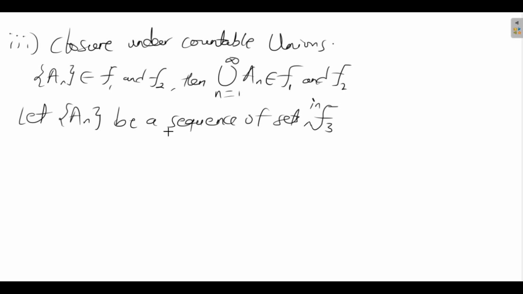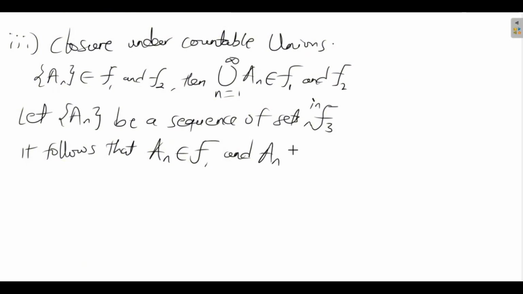Now, if the sequence AN belongs to F3, then it follows that AN is in F1 and the same AN is also in what? F2. This is because F3 is the intersection of F1 and F2. Right?